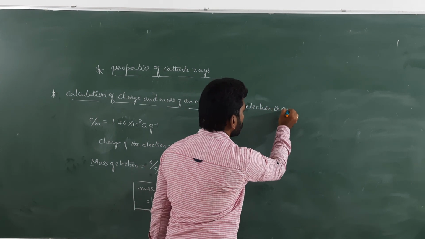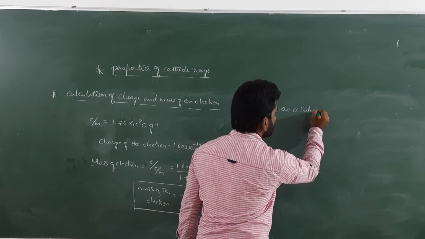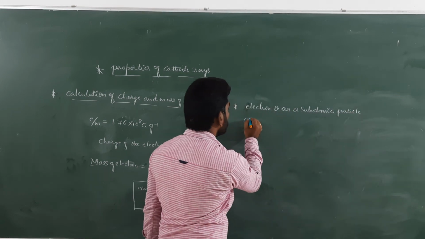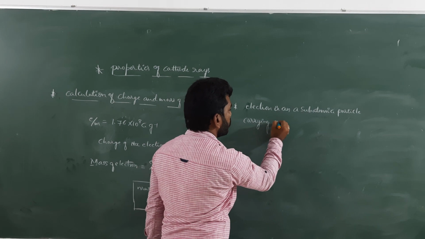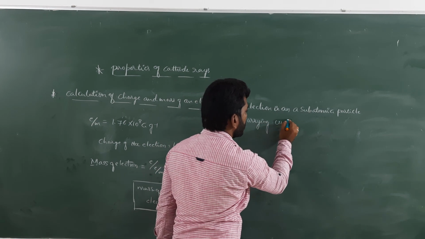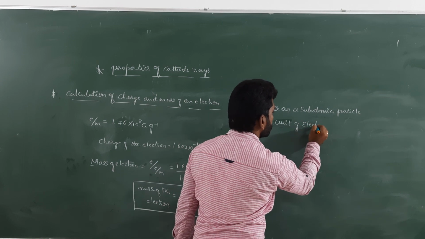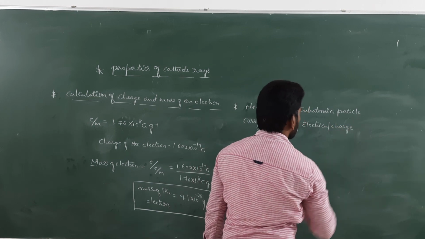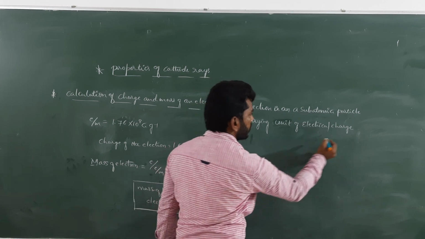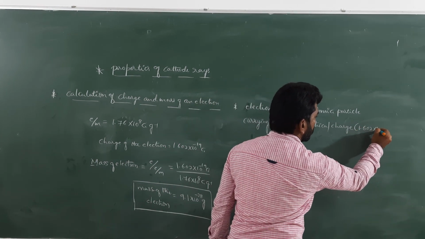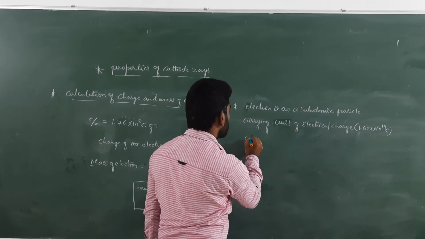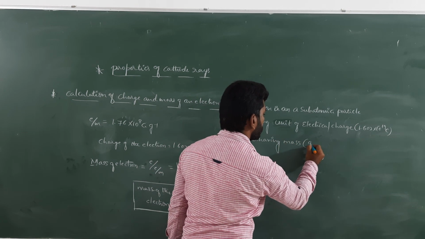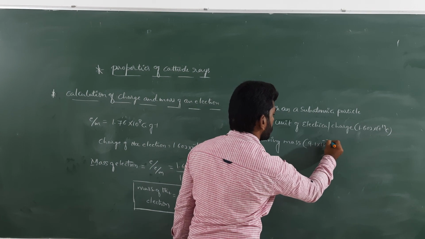Electron is a subatomic particle carrying a unit of electrical charge, that is 1.602 into 10 to the power of minus 19 coulomb, and having mass, that is, guys, how much? 9.1 into 10 to the power of minus 28 gram.